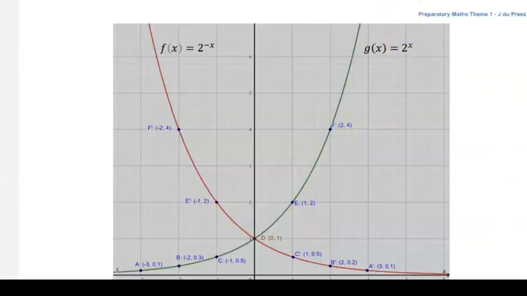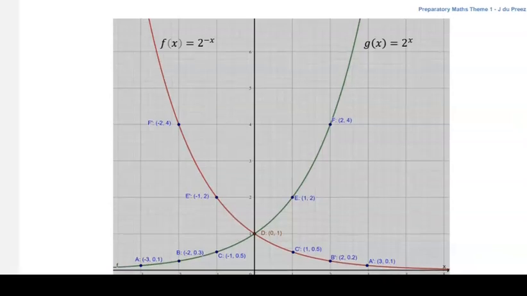Here I've plotted all the points and the two graphs, 2 to the minus x and 2 to the plus x. This is just an example of a reflection. It doesn't prove that it's always true.